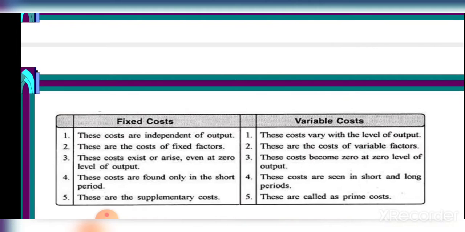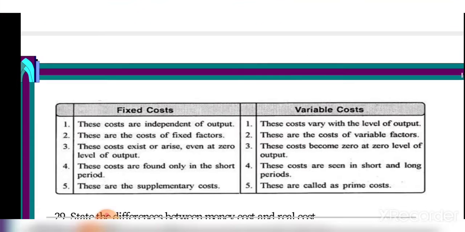These costs are seen in both short and long run periods. But the fixed cost is only in the short period. Variable cost is also called prime cost. But fixed cost is a supplementary cost.